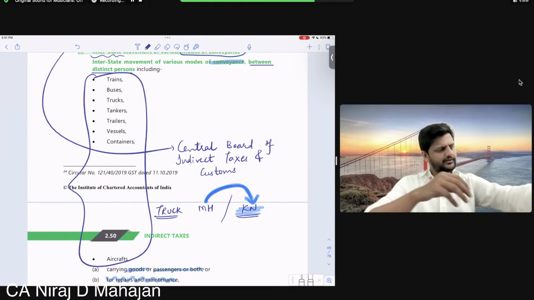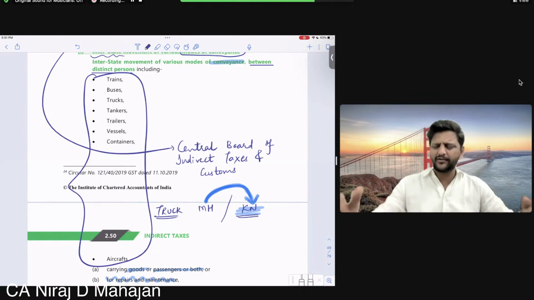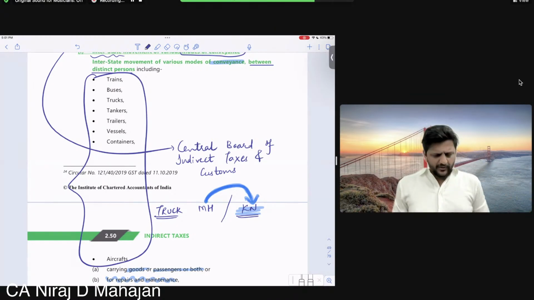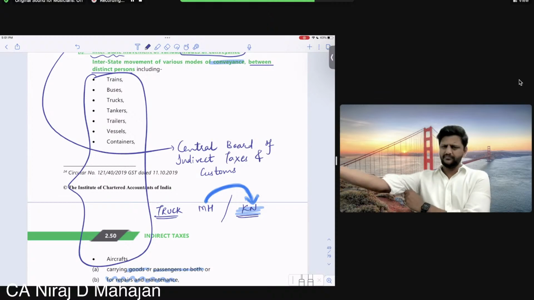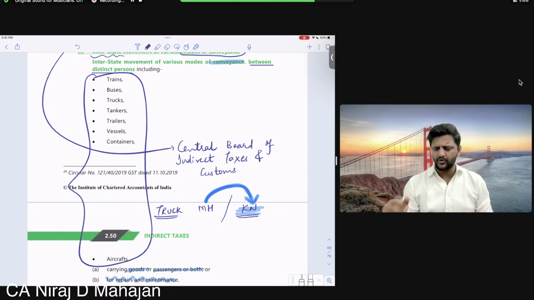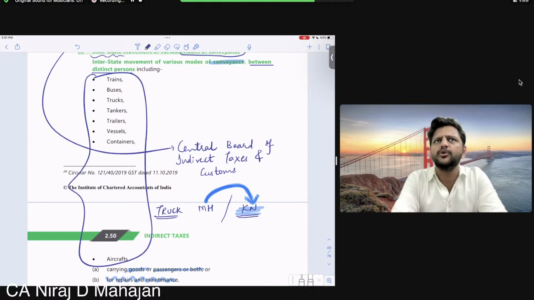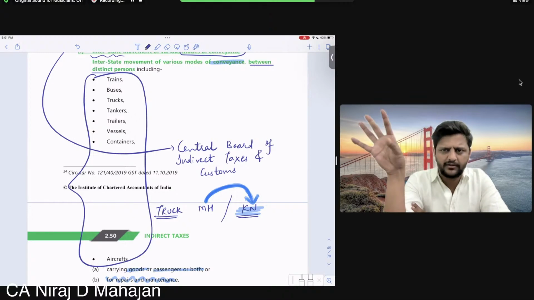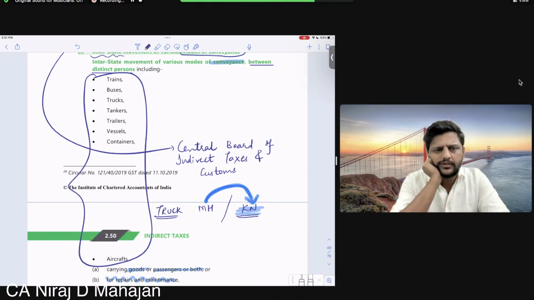When you buy a truck, you might have seen trucks being driven, or any kind of containers, vessels, whatever, getting transported. Or tractors also, for that matter. Tractors are not listed here, and you don't use tractors for transport of passengers, but you are getting the point. You might have seen tractors getting transported. So this is also interstate movement of goods.